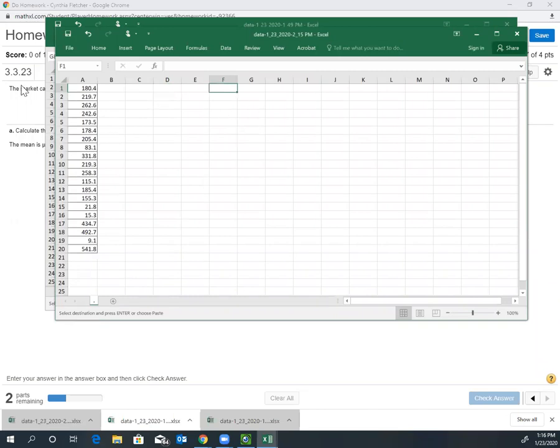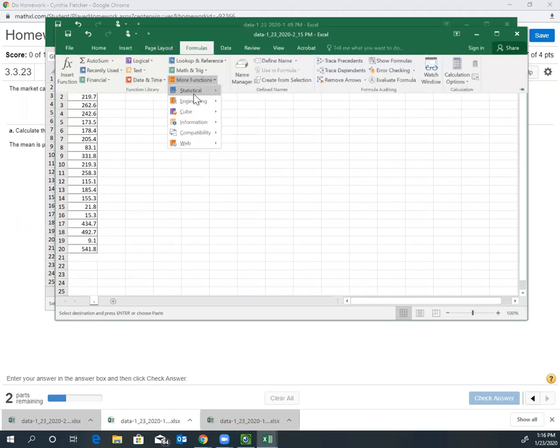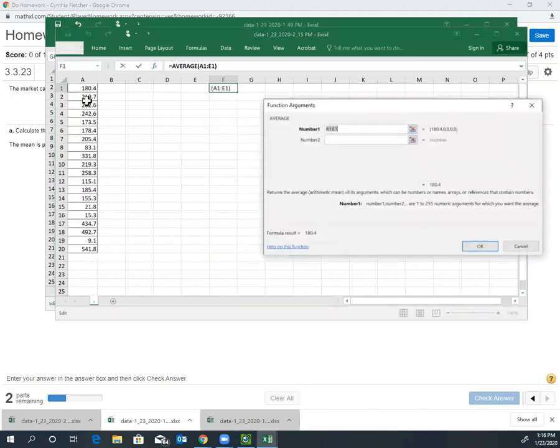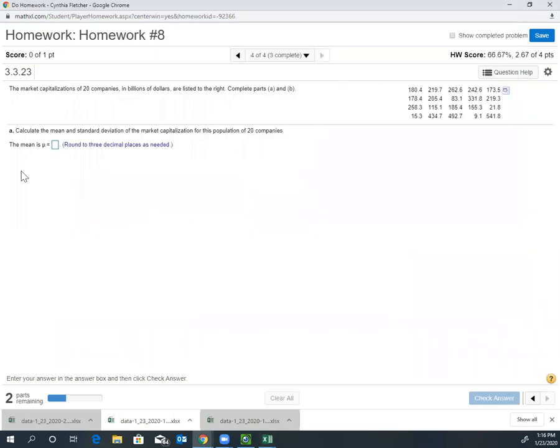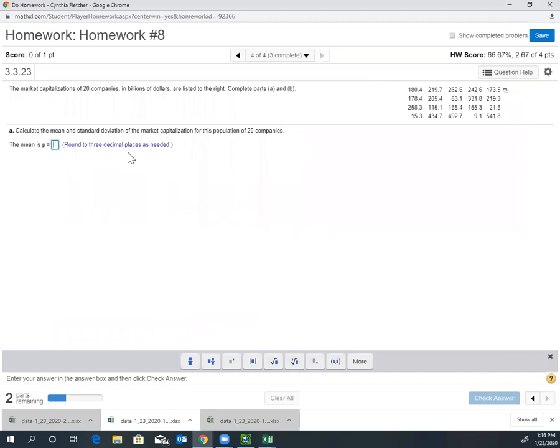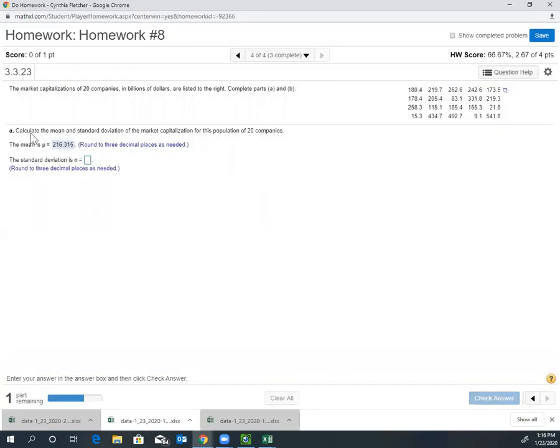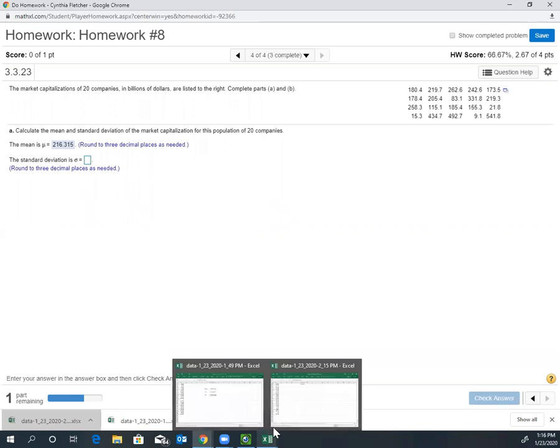For my mean, I'm going to go to formulas, more, statistical, and average. Select the first, select the last. Okay. This one says round to 3 decimal places. So hopefully that rounded correctly for us. Standard deviation, you're already in that spreadsheet.